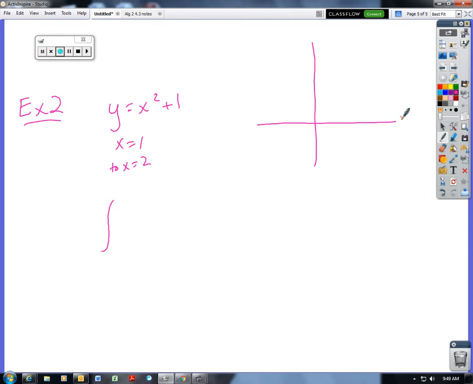So x squared plus 1, that's a parabola that is translated up 1 unit. It's going to open up. And here's 1 and here's 2. So we're looking for this area right here.